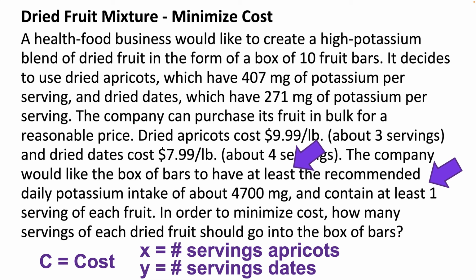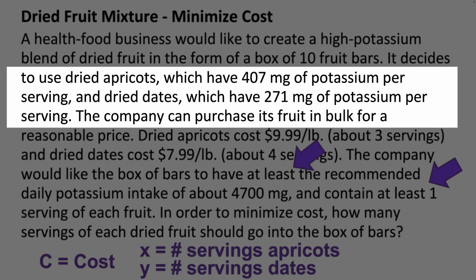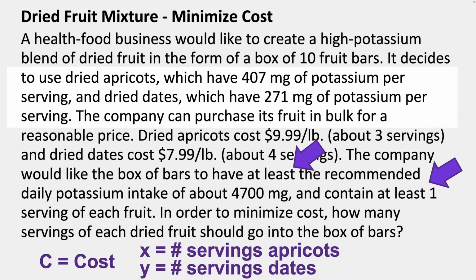Since we know potassium is one of our constraints, we need to backtrack further up in the problem. In the second sentence, it says the business decided to use dried apricots, which have 407 milligrams of potassium per serving, and dried dates, which have 271 milligrams of potassium per serving. Let's use the table to formulate our constraints.